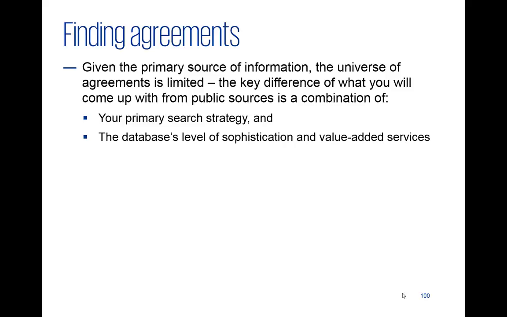This is one of the areas of work in which we sometimes outsource to related parties in other jurisdictions, something to keep in mind. So part of it is how sophisticated is the database that you're tapping into, and whether it's good at helping you sort through all of the agreements that might be out there to get to the ones that are most helpful to you.